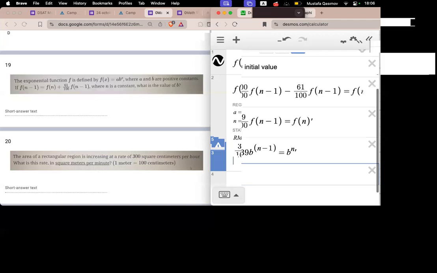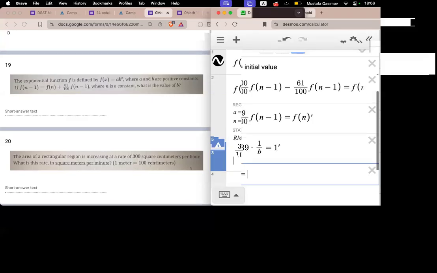We can write that one like that, B with power of n over b. Then we can eliminate bn from both sides. It will be 1 and 1. And b is equal to 39.